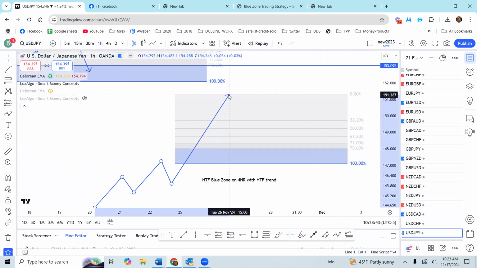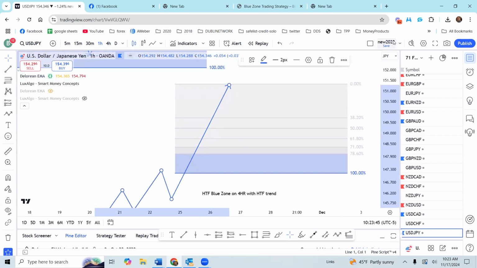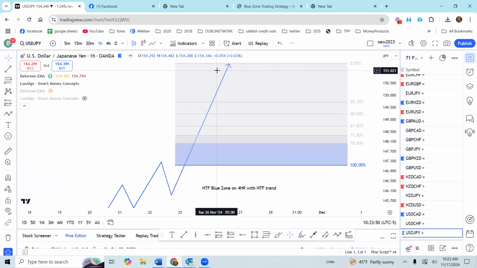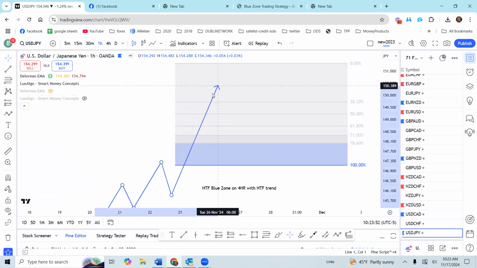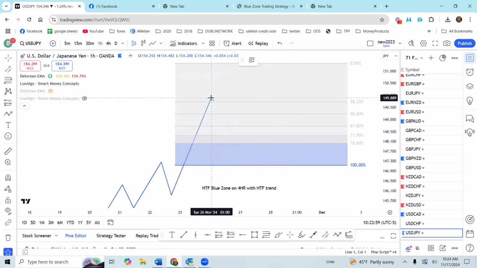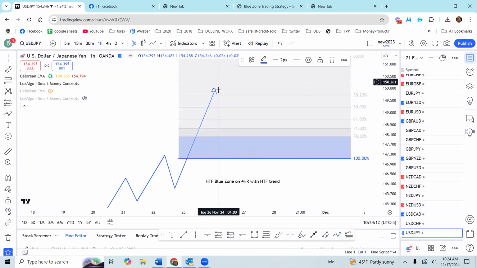So now what we're waiting to do is, let's just say the price comes up to here, gives us a little pullback here. I'm sorry, here, let me just draw this again.